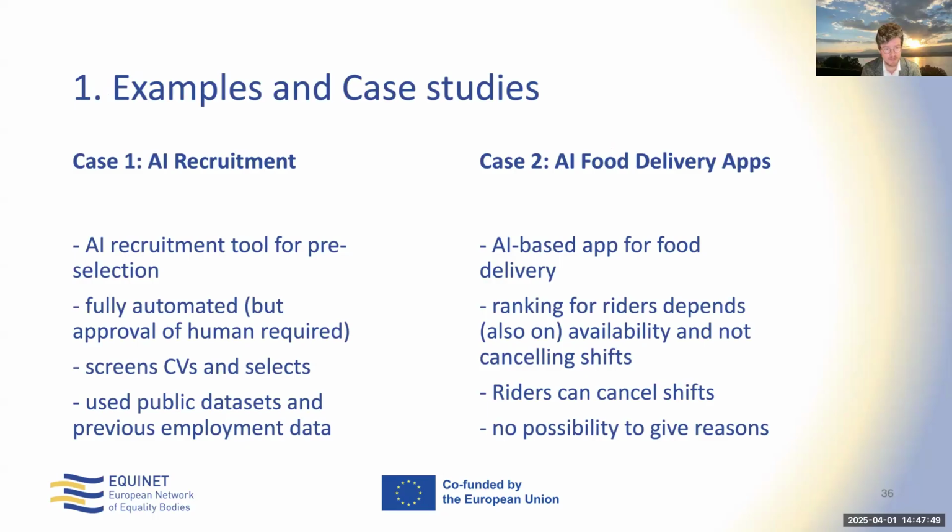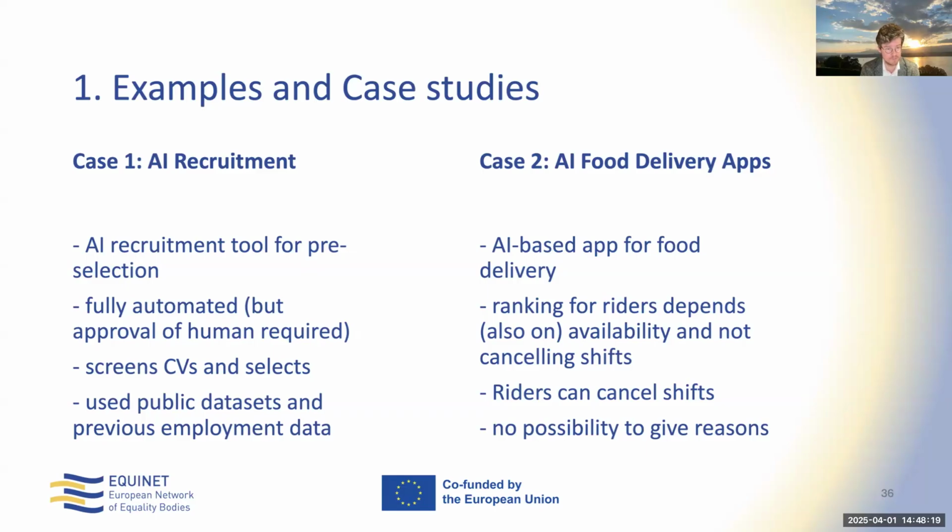So case 1, on AI recruitment. Imagine you have a company that uses an AI recruitment tool for pre-selection of future employees. The system is fully automated, but in principle a human is required to approve it. If not, the pre-selection is fully automated. The CVs are screened by the AI system, and it automatically selects the candidates who go into the next round.